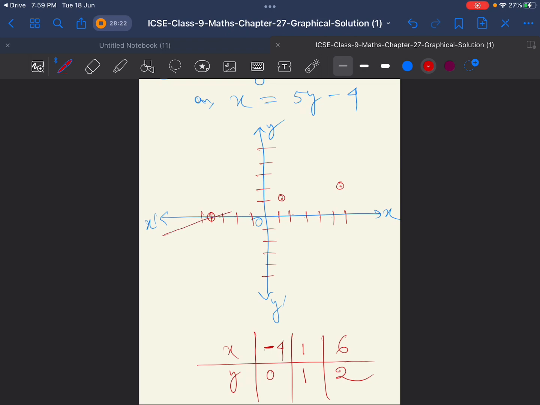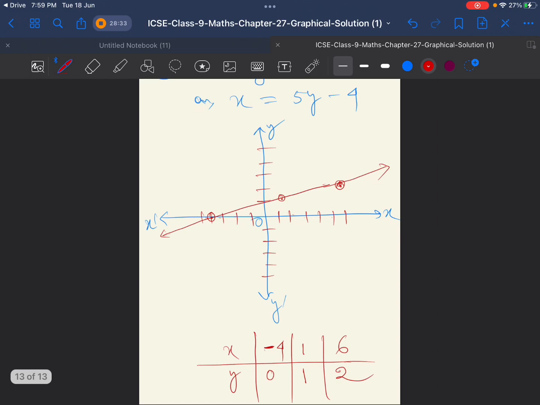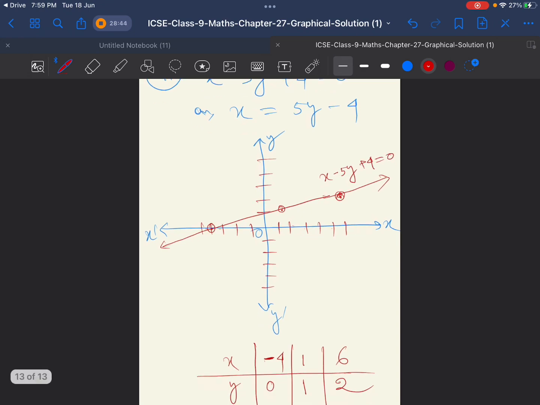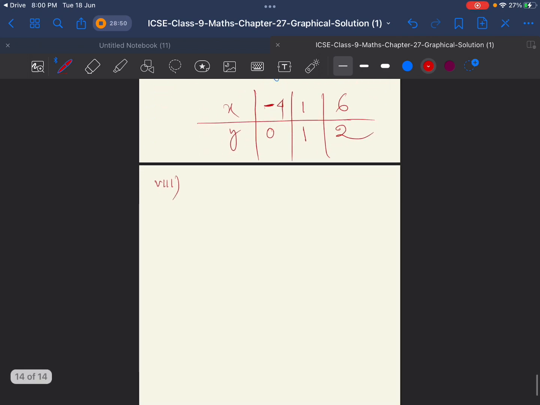Then (6, 2): 1, 2, 3, 4, 5, 6 and 2, this point is here. Now this is the straight line. Okay, so we draw this straight line in the graph, and this is the equation of the line x - 5y + 4 = 0.